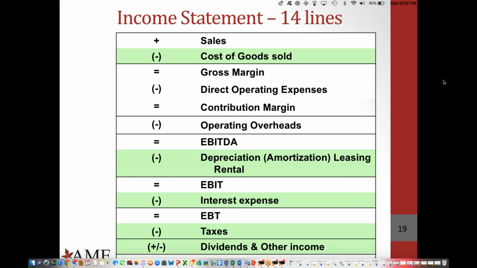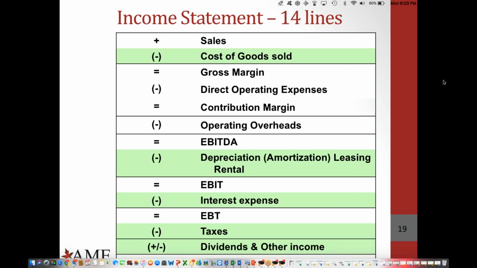The next category we call cost of capital, where we put in depreciation and amortization, which basically is now the same thing. It didn't used to be, but it is now. Your leasing costs and rental costs go into that category. There are two reasons we're doing this.